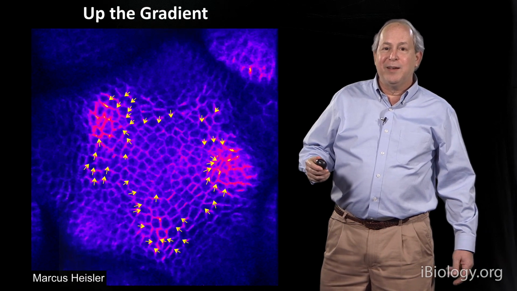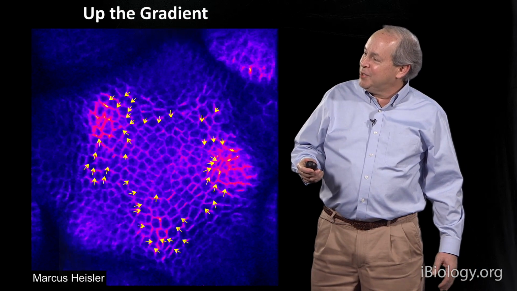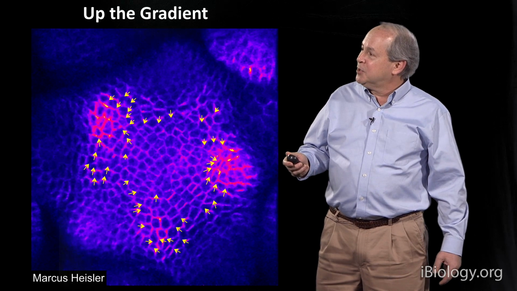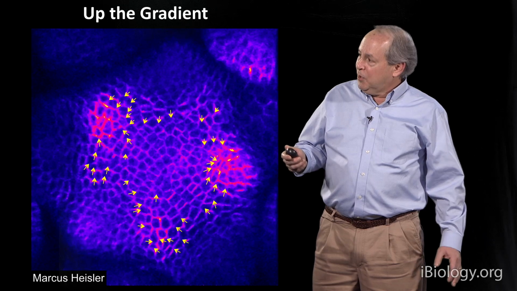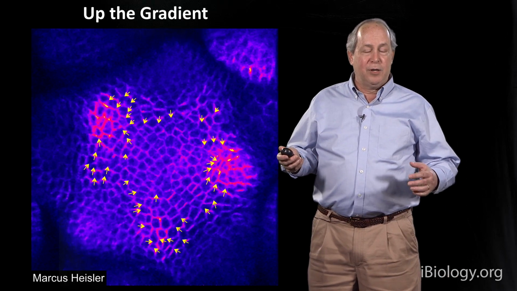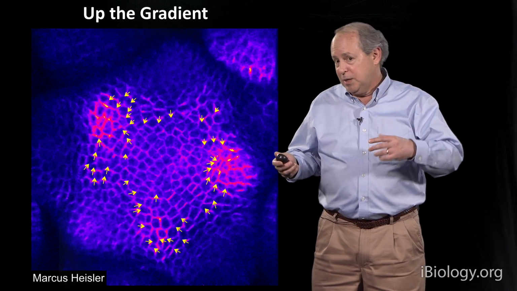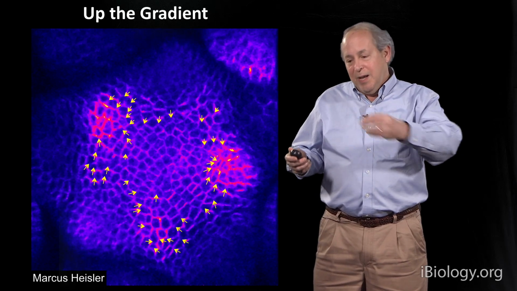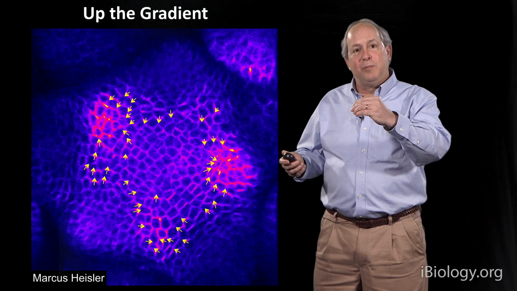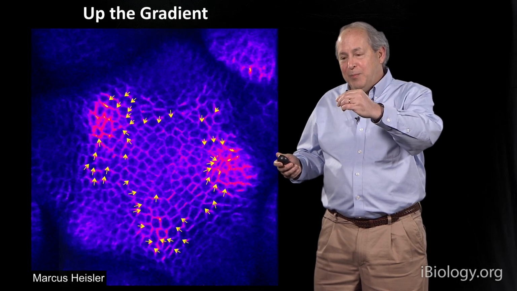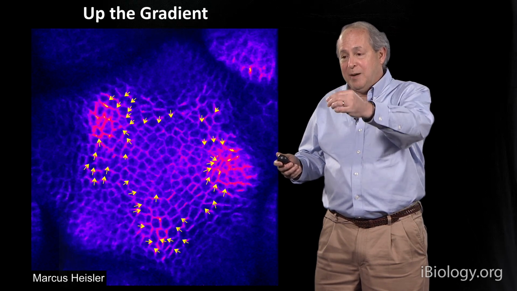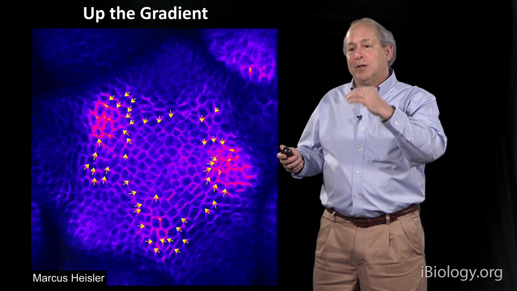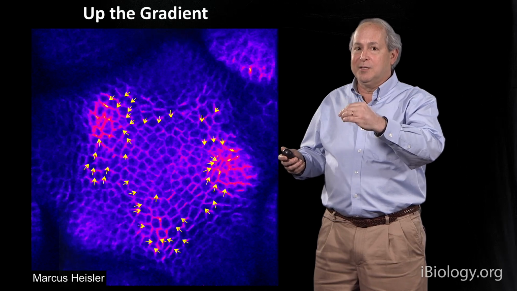And if we do that and we draw arrows in the direction in which the auxin is being moved by this efflux carrier, we see that there's a general rule, which is that auxin is always moving up the auxin gradient. Each individual cell somehow assesses the auxin concentration of its neighbors, and it proportions its PIN1 protein to the plasma membranes adjacent to those neighbors, adjacent to the shared wall with those neighbors, according to those neighbors' auxin concentration.